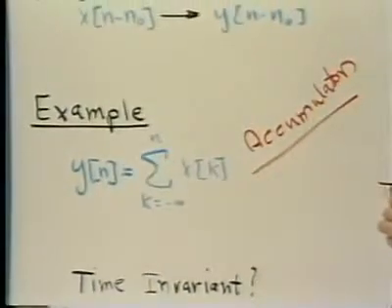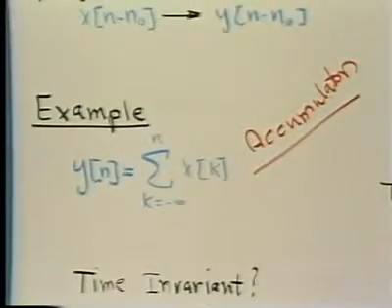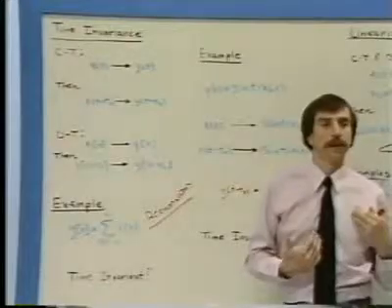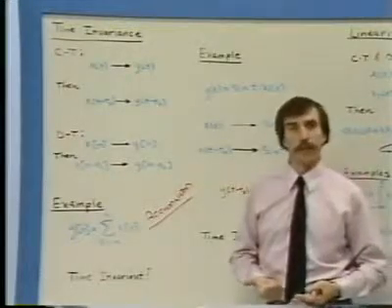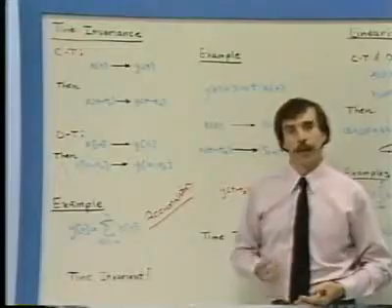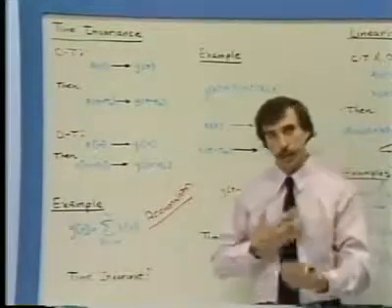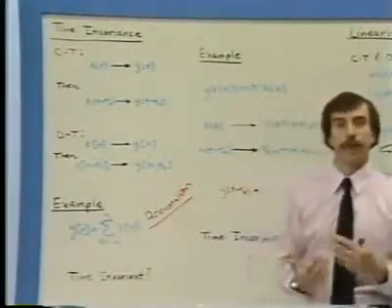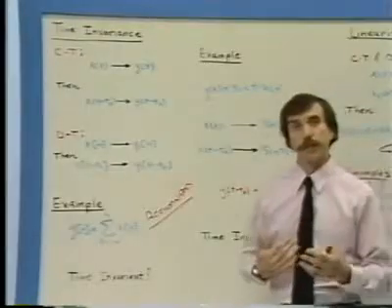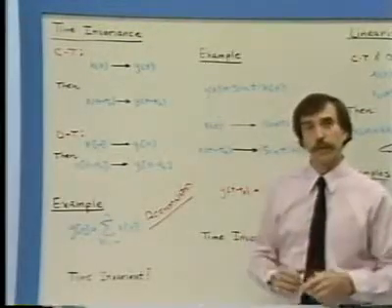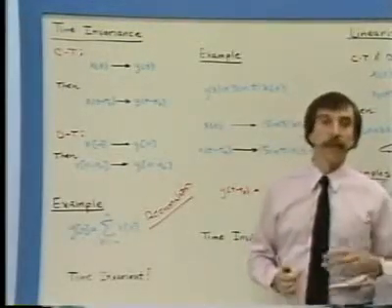What it does is accumulate past values of the input. Well, is the accumulator time invariant? The best way to establish that is to work through the equations and verify that it either does or doesn't satisfy the formal definition of time invariance.